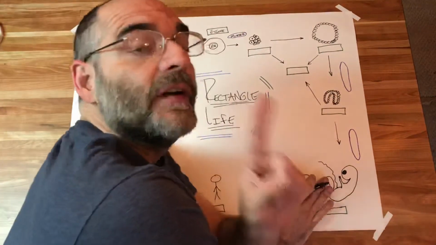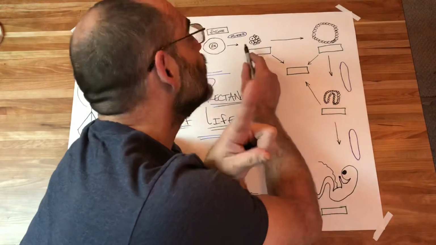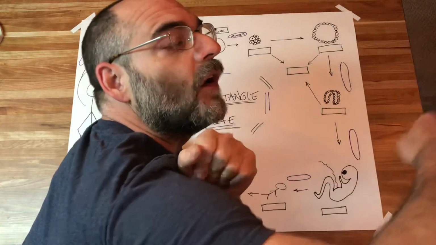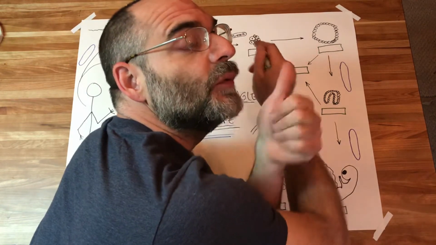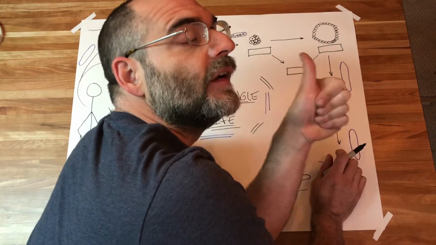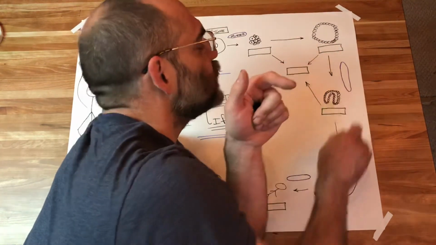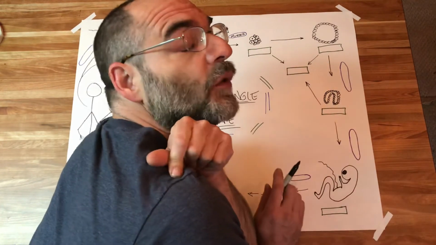Now, there's something very important to note, that mitosis doesn't just take place right here. Mitosis takes place here and all the way through, right? As we duplicate our cells through repair and replacement of cells, we go through mitosis. So it's not just here, it's everywhere in this whole process.